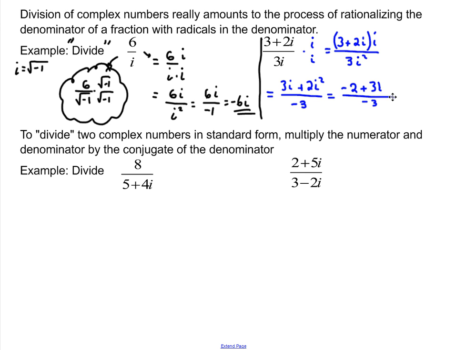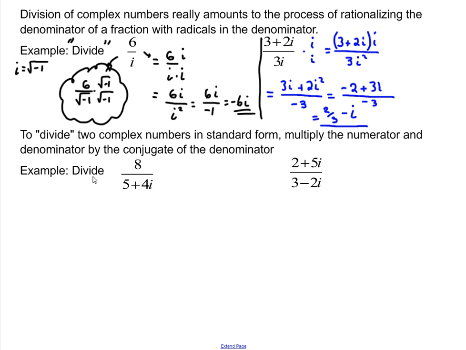Is this in standard form yet? Why, no. What we have to do is separate out the parts of the fractions we're going to get. Positive 2/3, right? Negative 2 over negative 3 is positive 2/3 minus 3/3 i, which is 1i. And so our result right here would be 2/3 minus i.